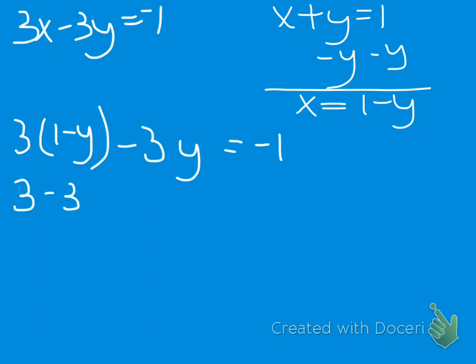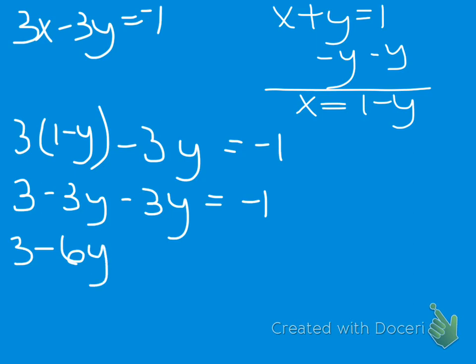So that's going to be 3 minus 3y minus 3y, so negative 6y, minus 1... So 3 minus 6y equals negative 1. Then we subtract 3 from both sides, so it's going to make negative 4.